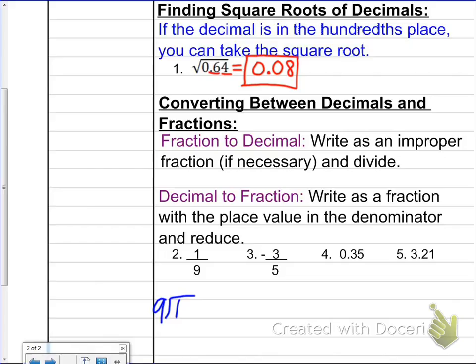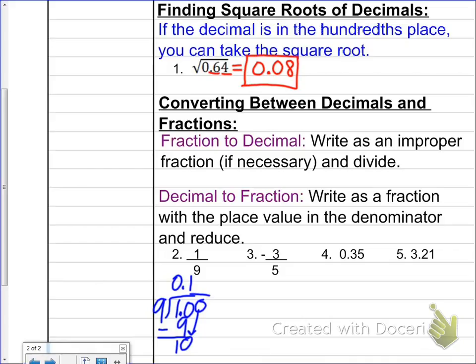So you're going to put a 0, and then you're going to put your decimal point, and then we're going to add another 0. How many times does 9 go into 10? 1. So you're going to put a 1 here. That's 9. We subtract, and we get a 1. And then we bring down the next.